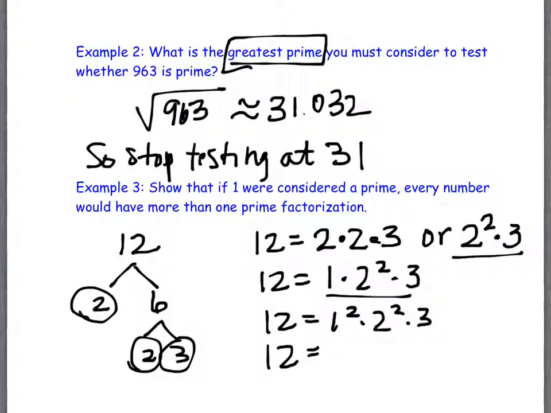And you could also have 1 cubed times 2 squared times 3. And this process could continue indefinitely, right? So when we're talking about prime factorization, there is a very good reason we do not want the number 1 to be considered prime. Because the fundamental theorem of arithmetic that we just did before said we should have a unique representation. And if 1 were considered a prime number, we would not have that unique representation, would we? So that would be an inherent problem.